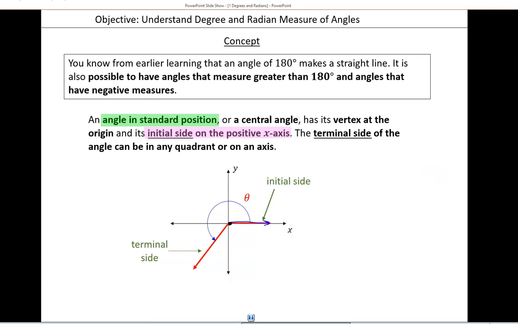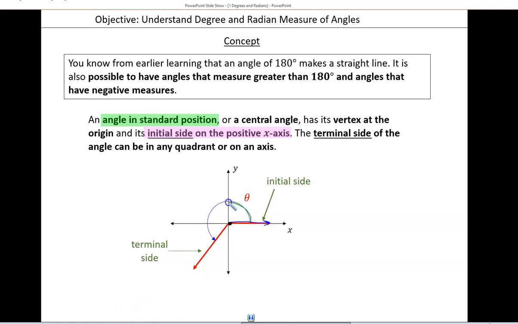The terminal side is what we refer to as the side of the angle where the angle stops its measurement. And that can be anywhere within the 4 quadrants or on an axis. Here it is shown in the 3rd quadrant as the terminal side. And then the measurement, and we'll talk more about this in a moment, but this is what we're looking at.